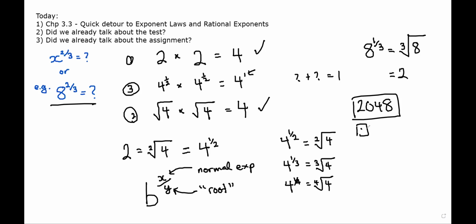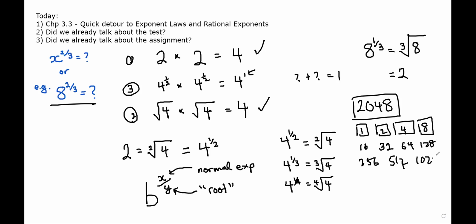You start with blocks of 1, and then you mash them together, it becomes blocks of 2, and then you mash them together, it becomes blocks of 4. You mash them together, it becomes blocks of 8, and 16, and 32, 64, 128, 256, 512, and then 1024, and then 2048. These are all exponents with base 2.